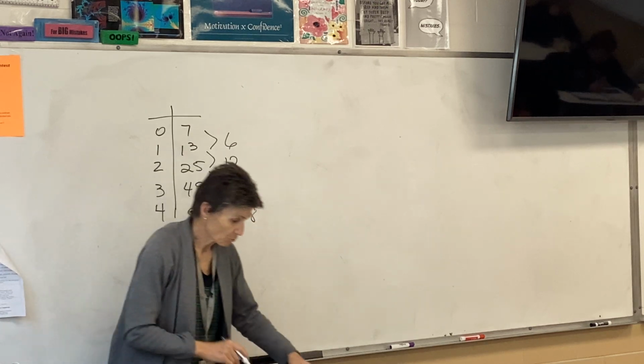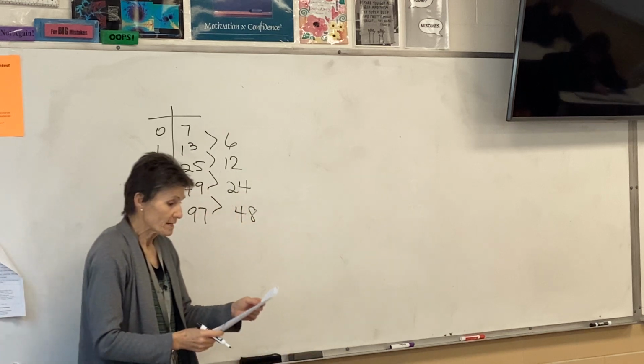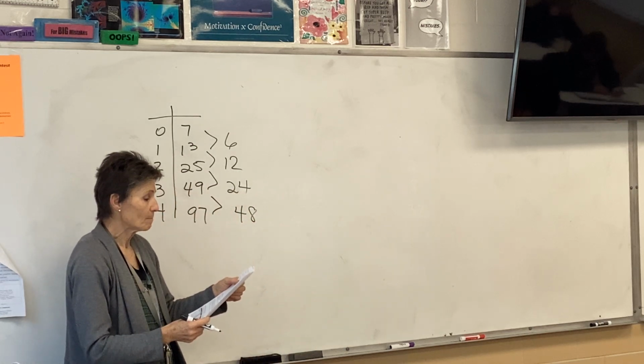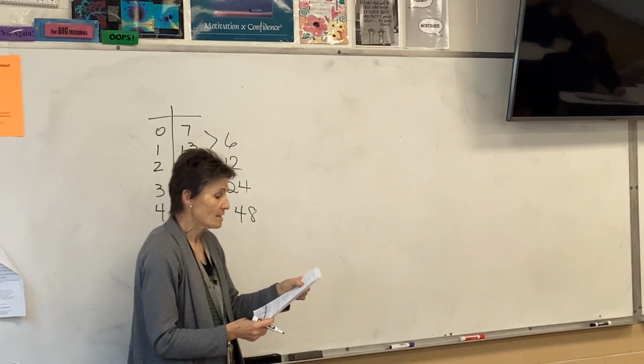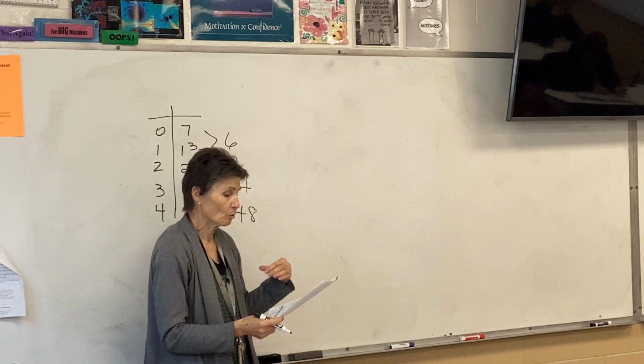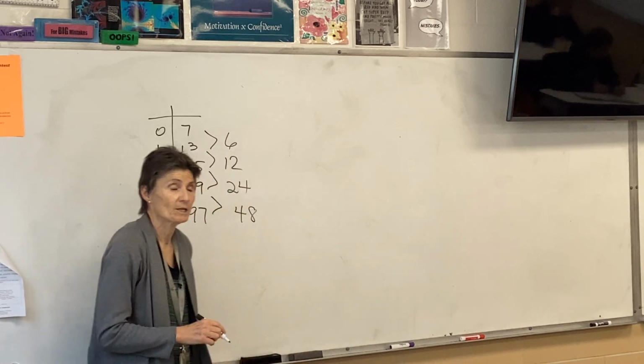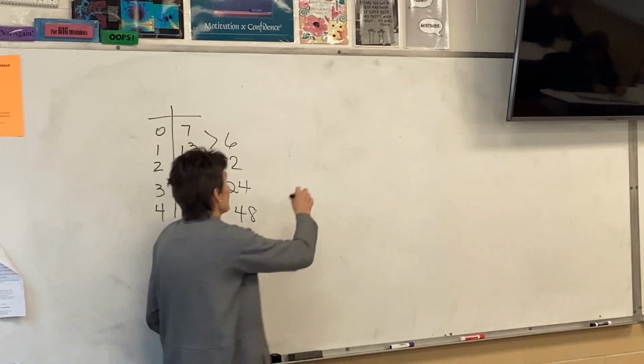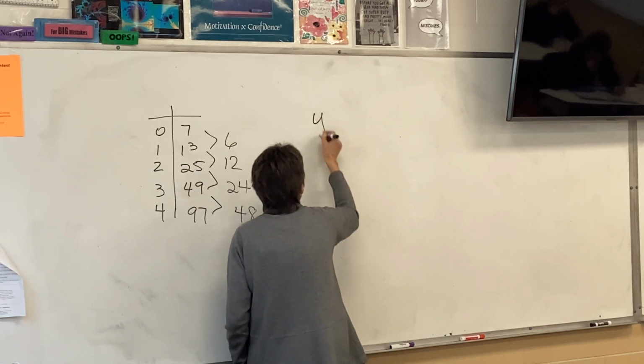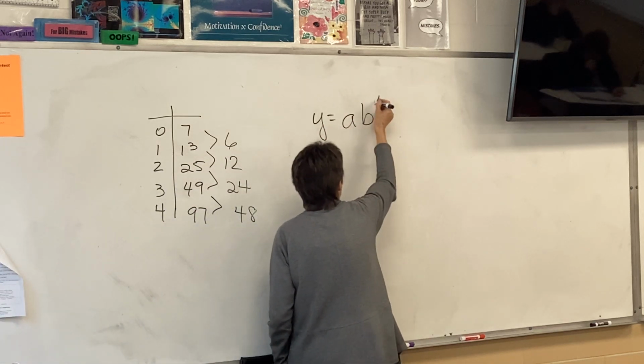Okay, now let's read the directions. For each, find a constant value that can be added or subtracted to reveal a proportional growth pattern, and then write an equation. Now, a basic exponential format is this.